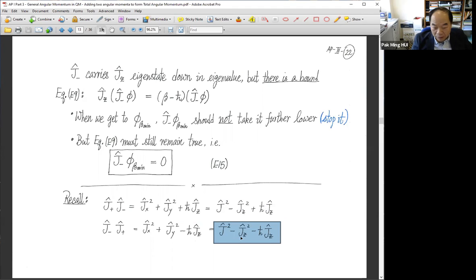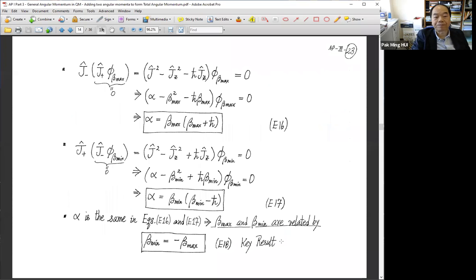Okay, so let me summarize. J plus J minus is this chunk. J minus J plus is this chunk. Okay, we will use it. So we have cut it off at the highest Z component by enforcing this to be 0. So now we play with J minus J plus on this higher state.